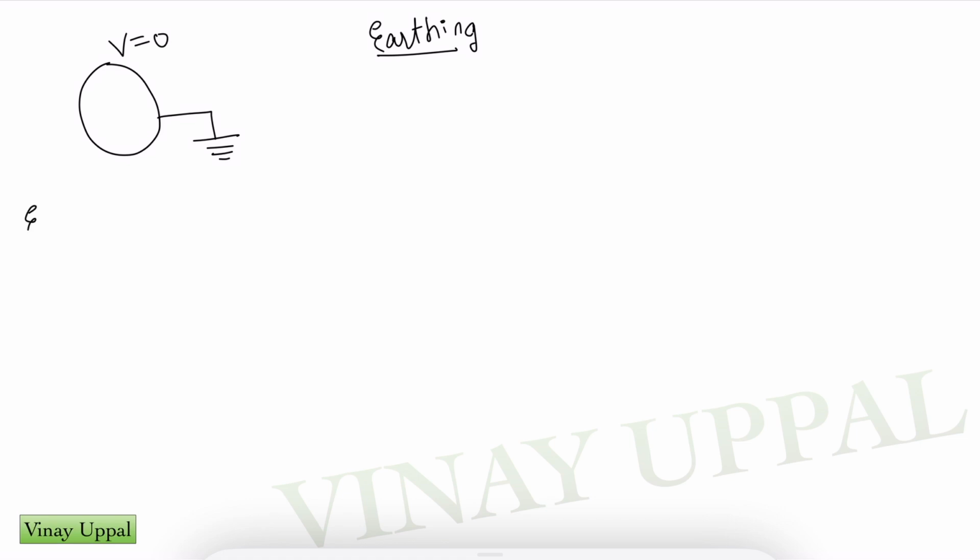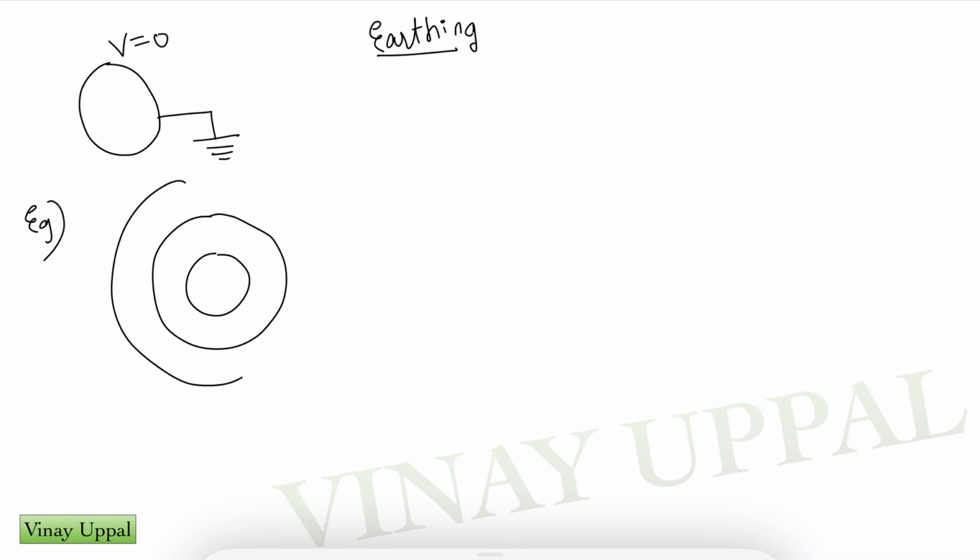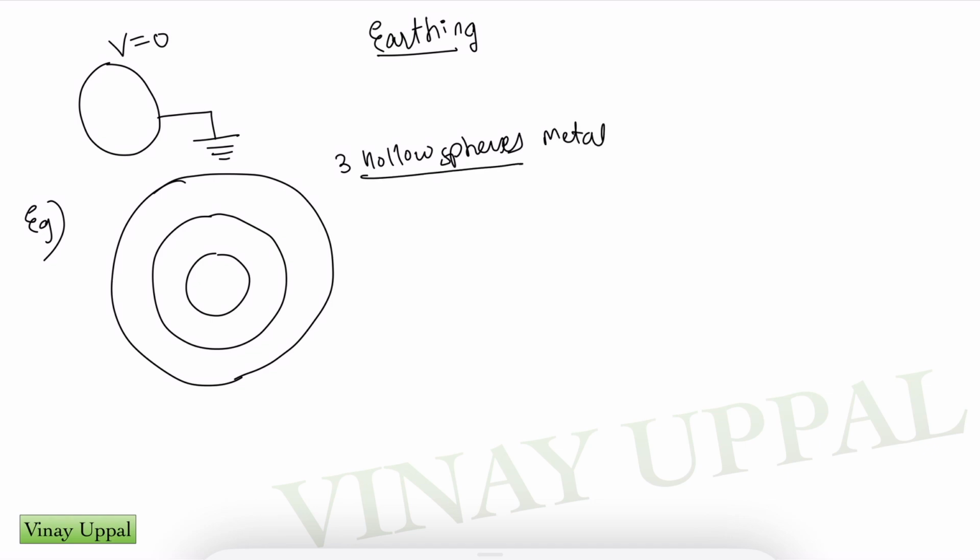So let's take a look at what kind of question can come. Suppose I have three hollow concentric metal spheres, so they are all conductors. Let's say I have charge Q on the inner sphere.